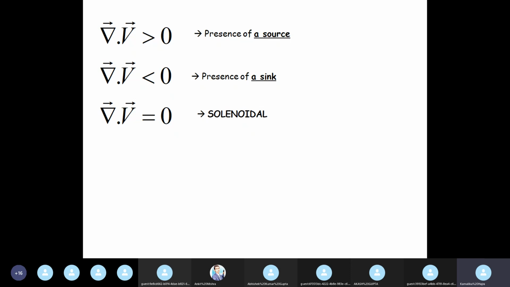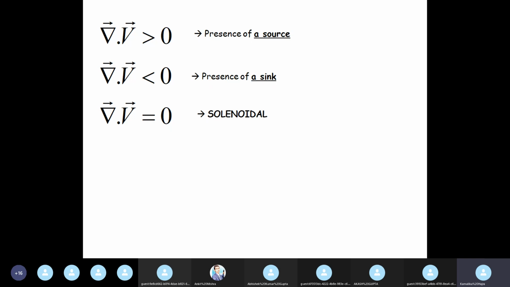What does it mean when it is greater than 0? When the divergence of V is greater than 0, it means that the amount of fluid that is coming out from a volume is more than the amount of fluid that entered the volume. How can this happen? Suppose you have a room where there are two doors, one in the front and one in the back.